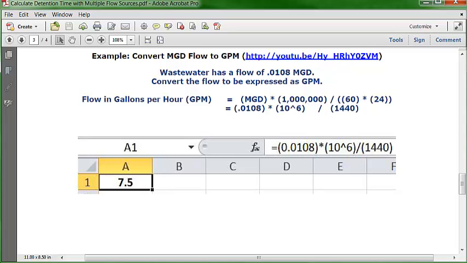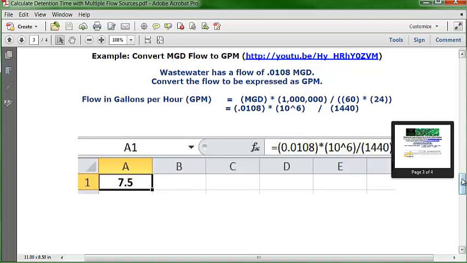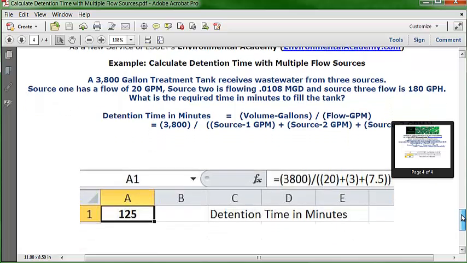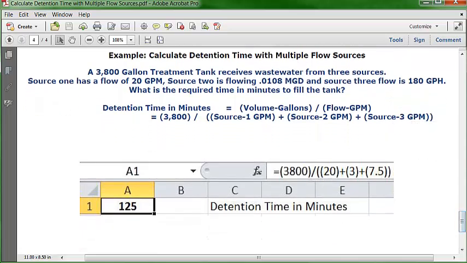So again, if you want some additional education on this conversion, you can go to the video. But the 7.5 is what I'm going to incorporate into the formula to solve this particular problem.